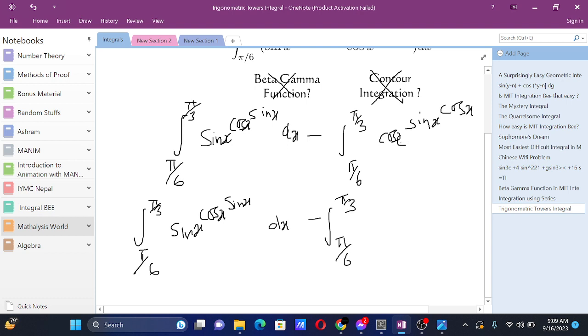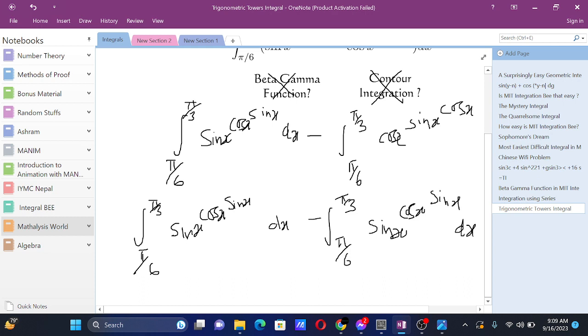Now we will have, in terms of x, a plus b minus x, and a plus b is just 90 degrees. This is 60 and 30, so 90 degrees. So we will have cos of 90 minus x to the power sine of 90 minus x to the power cos of 90 minus x. Cos of 90 minus x is just sine x, sine of 90 minus x is just cos x, and cos of 90 minus x is just sine x.